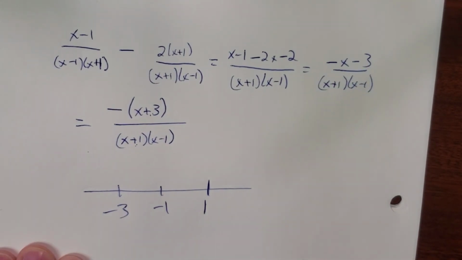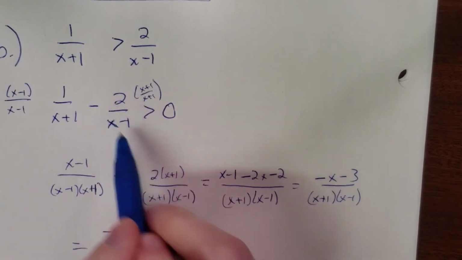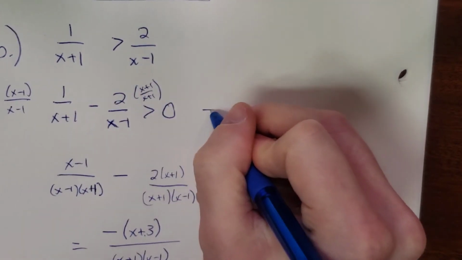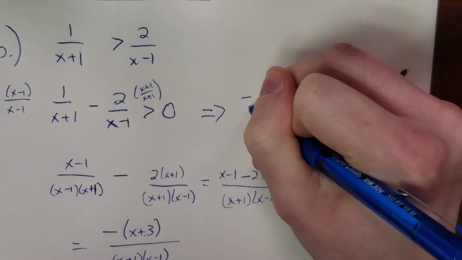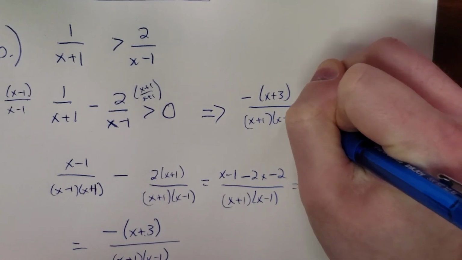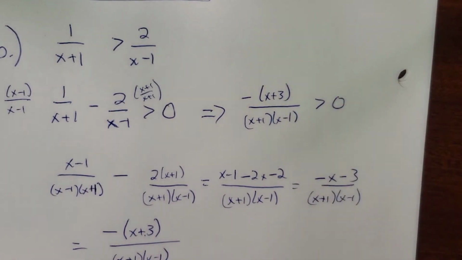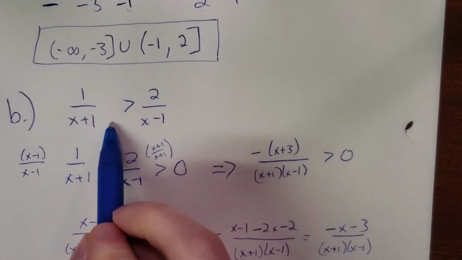And we do the same thing, right? Because now this expression is the same as negative of x plus 3 all over x plus 1 times x minus 1 is greater than 0. So this is really what we're solving. That is equivalent to this question up here.